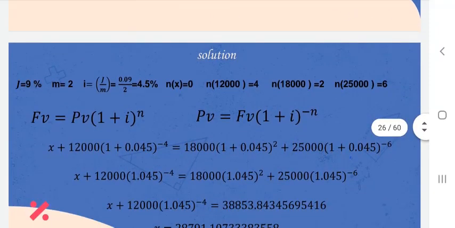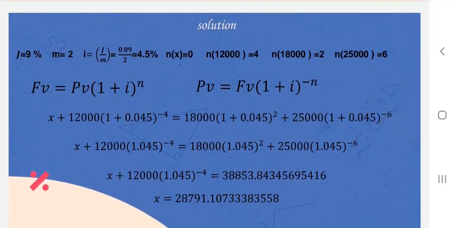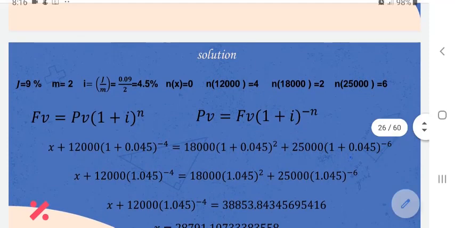Look at the solution. J equal 9%, M equal 2, I equal 4.5%, N for X equal 0, N for $12,000 equal 4, N for $18,000 equal 2, and N for $25,000 equal 6.